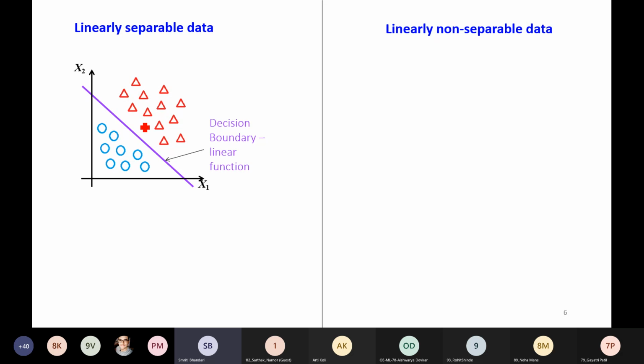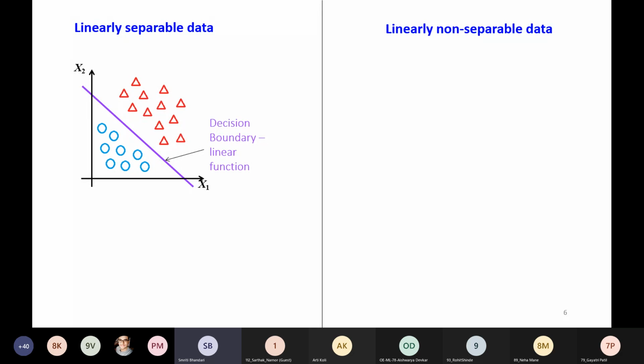A decision boundary that separates the samples belonging to two different classes. And if I am having such kind of a distribution of data, I may come up with a linear function that distinguishes the data from two different classes, right?